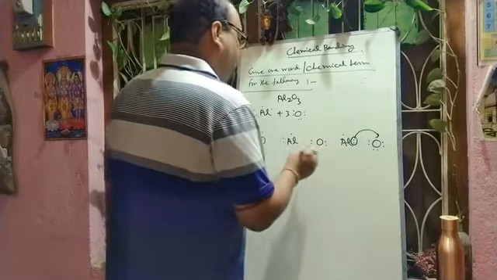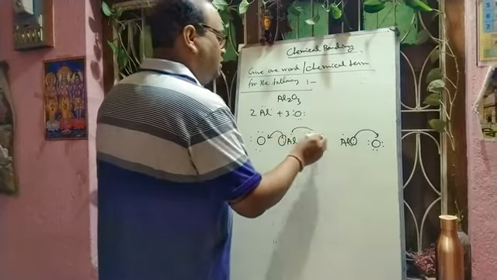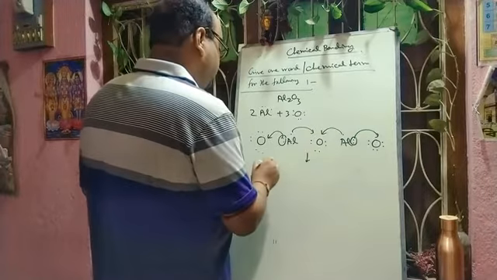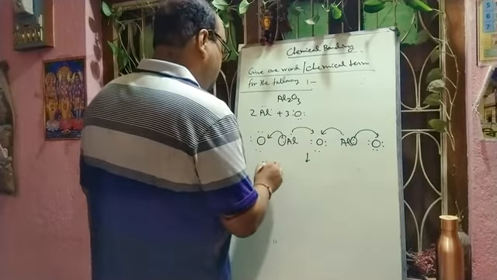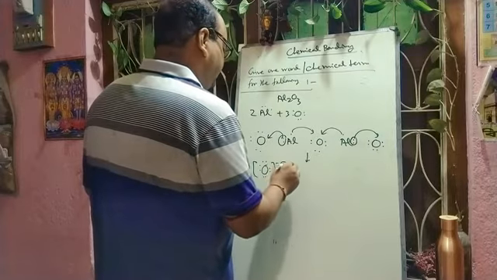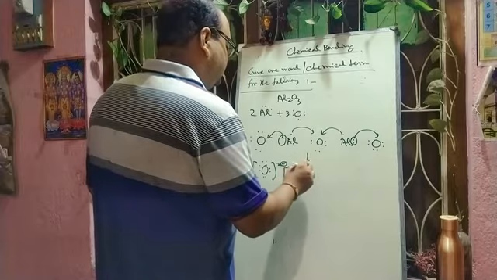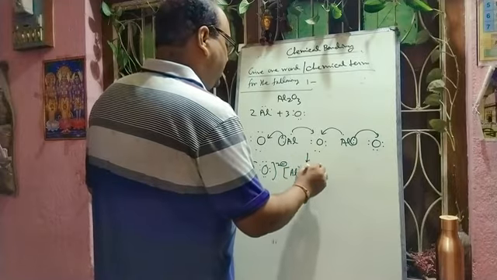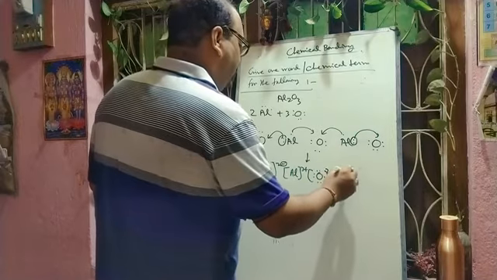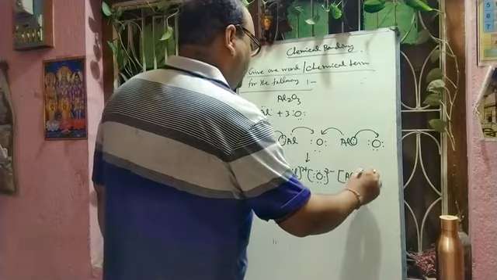So each aluminum will transfer its electrons. In this way it forms oxygen 2 minus, then Al 3 plus, again oxygen 2 minus, then Al 3 plus, then oxygen 2 minus.